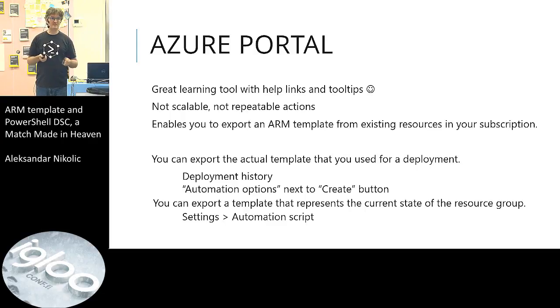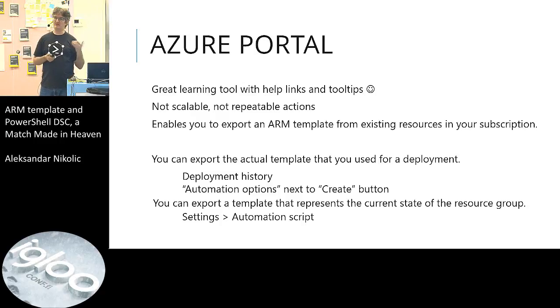If you export the template that represents the current state of your resource group, you will get a template that will have a lot of hard-coded values in it, probably not as many parameters as you used during the creation. So that template is a little bit different than the one you originally used.